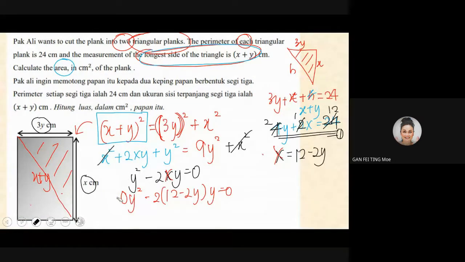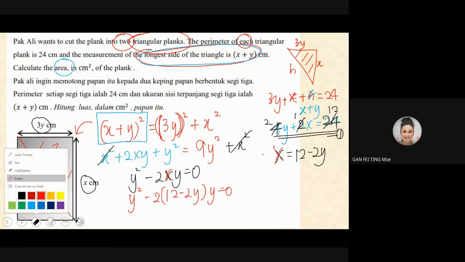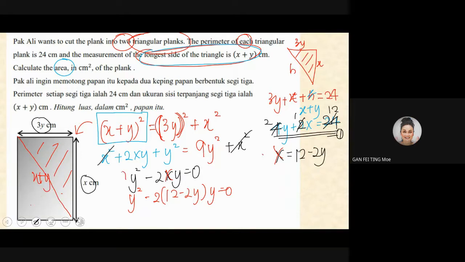So this is not 10. On this one, operate the minus, so this should be 8. This one should be 8y. So 8y, when you expand, good. Very good. So when you expand this one, what do you get?